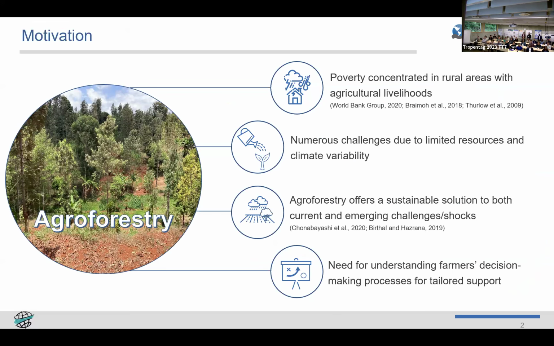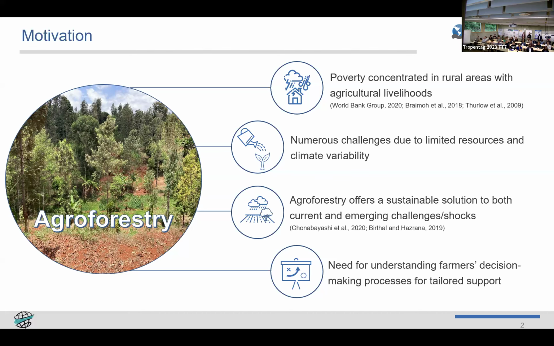First, why do we want to focus on this study? We care about agroforestry because it offers a sustainable solution to both current and emerging challenges and shocks. Our study area is a rural area with agricultural livelihoods, which is facing numerous challenges due to limited resources and climate variability.